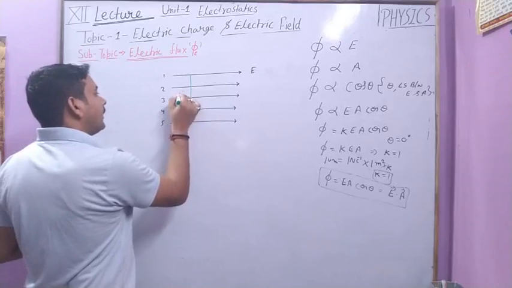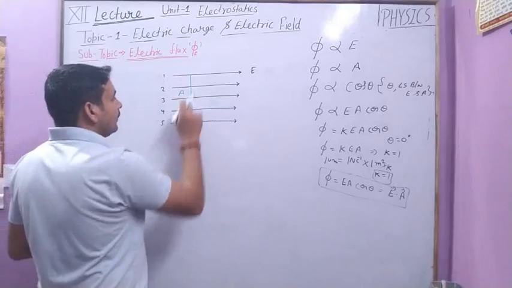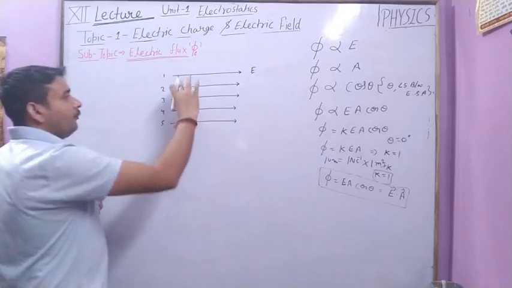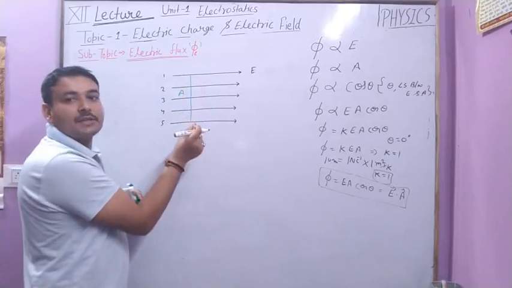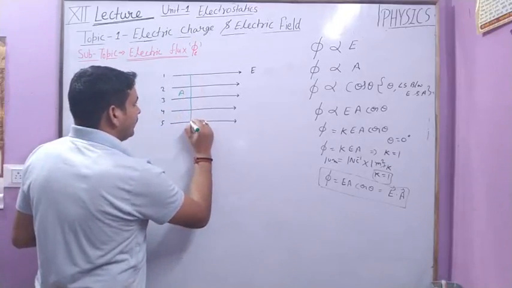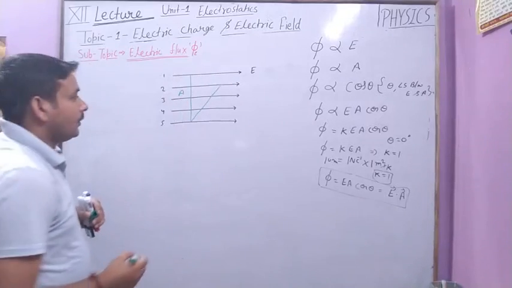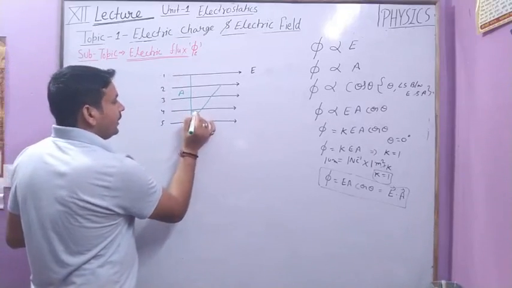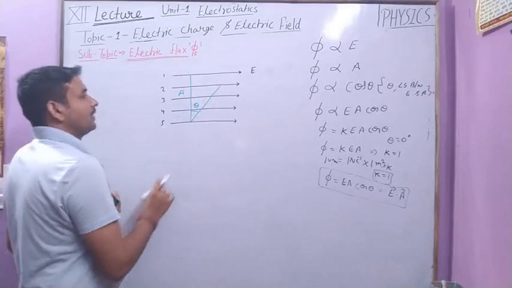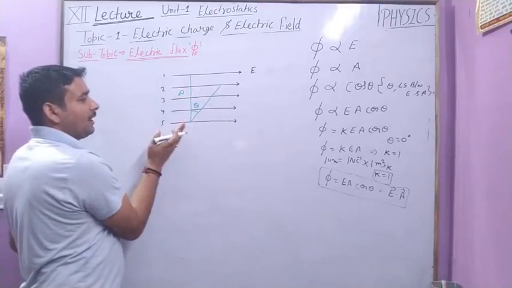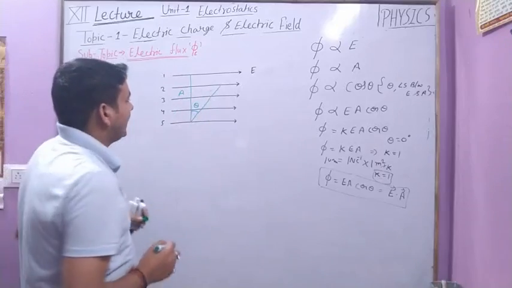Let's say the area of this surface is A. Now if we tilt the surface by an angle like this, where the angle between the two situations is theta, the surface is tilted with an angle theta with the electric field.